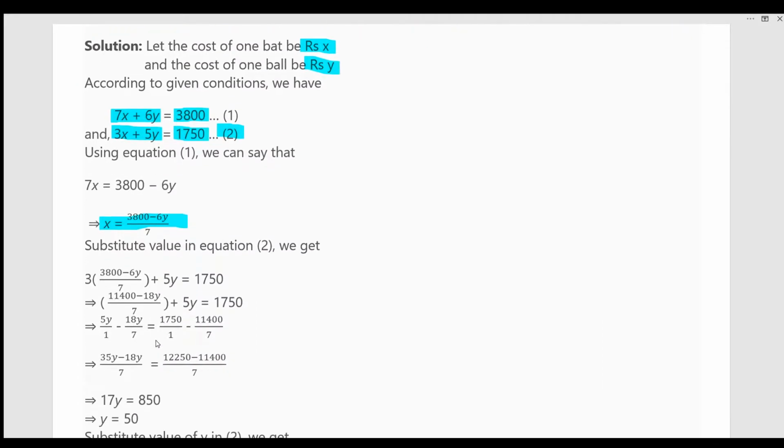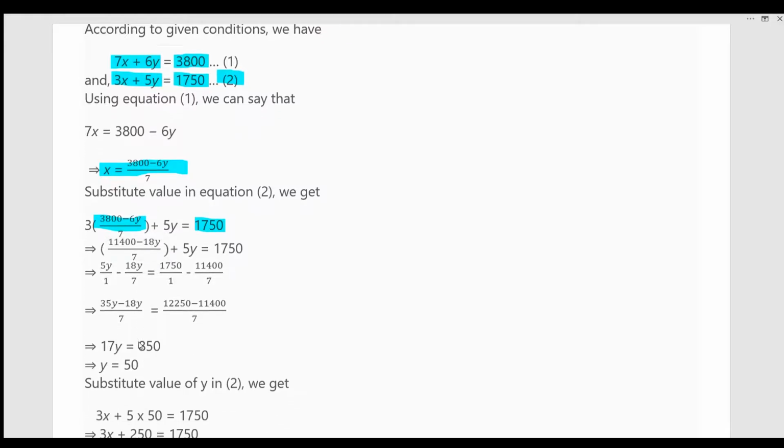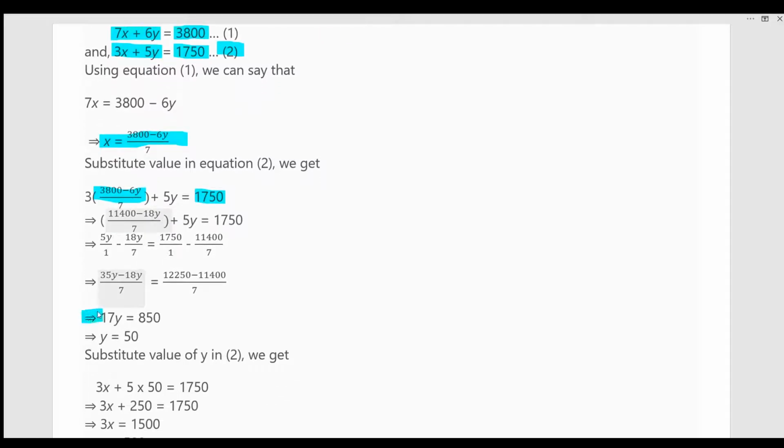So let's see that. 3 times the substituted value of X plus 5y is equal to 1,750. Now solve this equation and you will get 17y is equal to 850. So y is equal to 50. So this is the value of y which you will get after solving this equation.